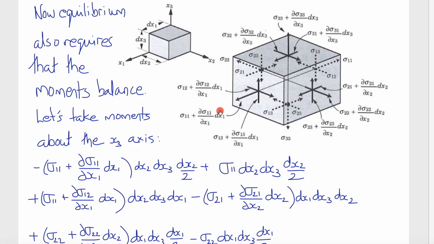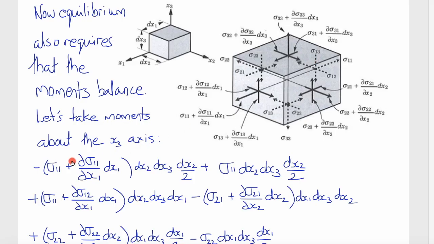So that would include contributions from sigma 1,1 here and sigma 1,1 there, with a moment arm of dx2 divided by 2.